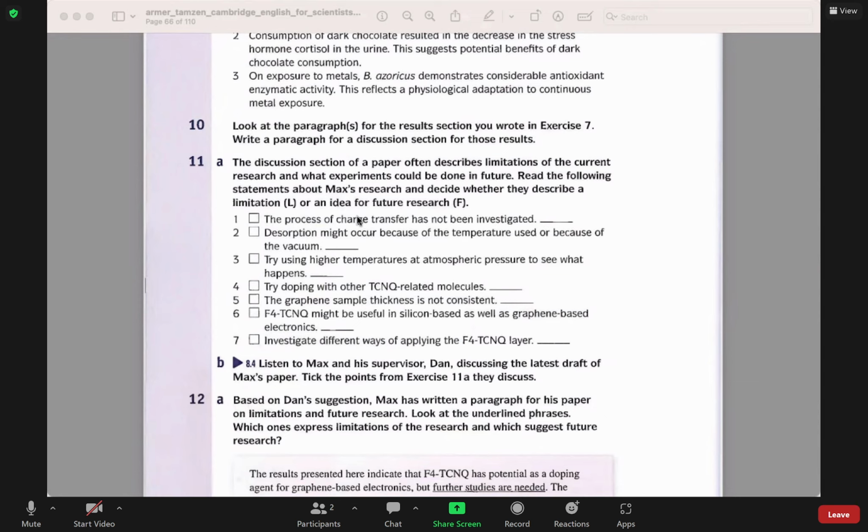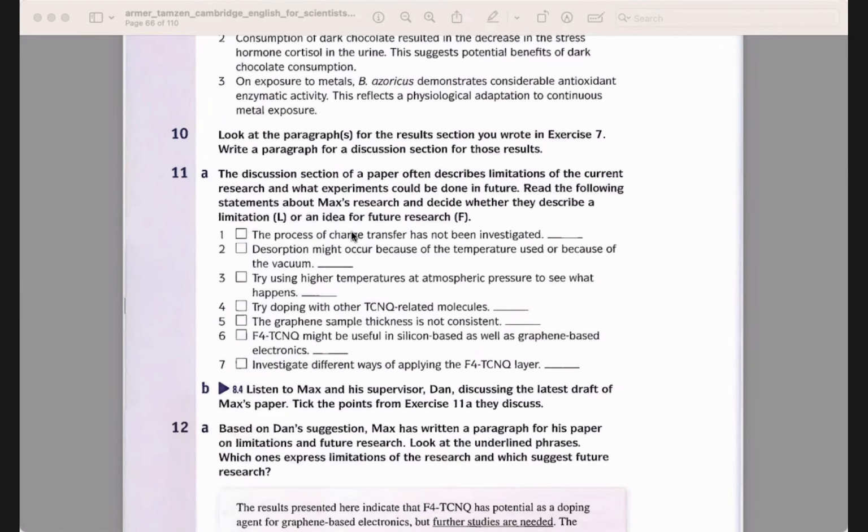So that is why there are two parts of discussion: explain limitations if they are in the research, and give some ideas for other researchers for further research, or maybe leave for yourself in other papers to research new ideas concerning the same theme, new ideas or maybe new ways. And there are phrases which mean limitations and further research. Read these sentences and decide what it is, limitation or future research.